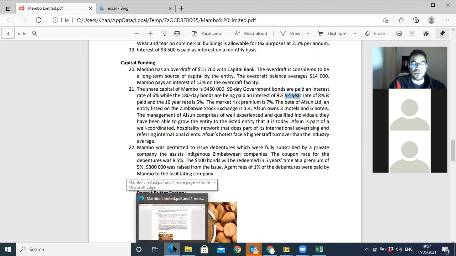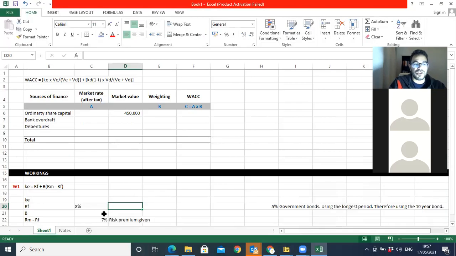But based on the scenario and the solution, I'm going to use 8%. Like I said, if I didn't have the solution, I would have used 5%, because you always use the longest government bond, which is the closest to equity, which is for forever and ever. So just remember that.